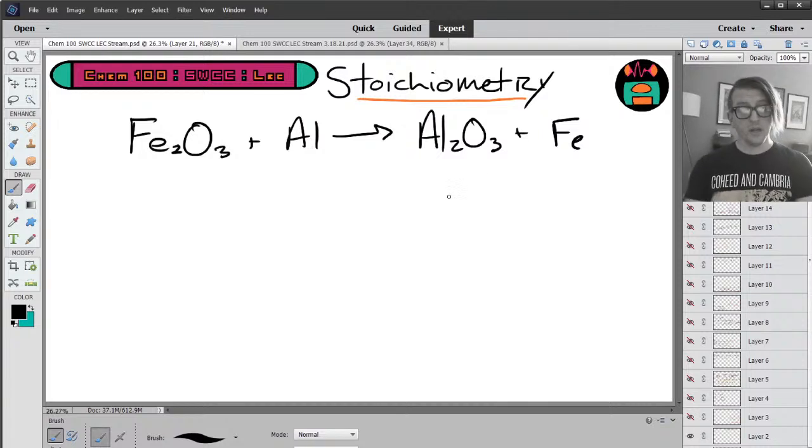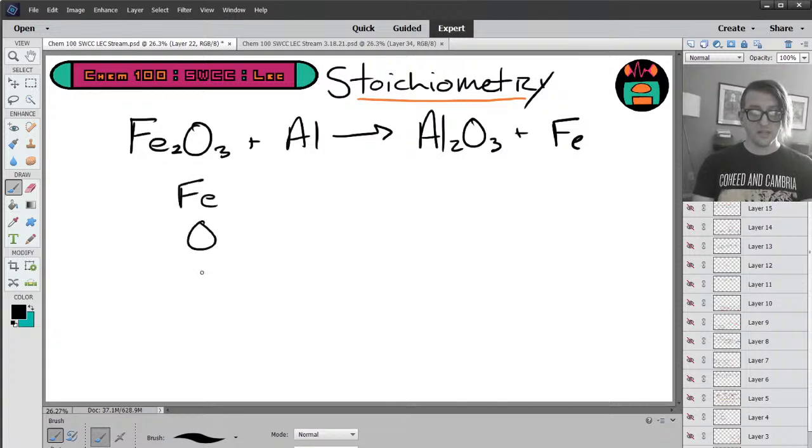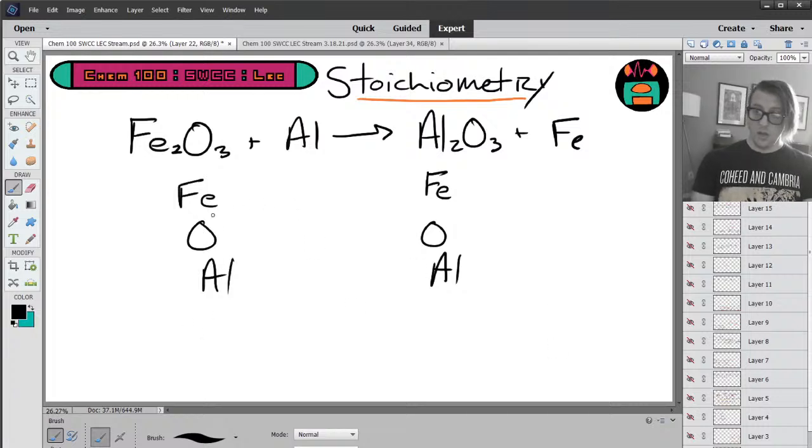Now we've got to balance this situation, so we take an inventory of all the atoms. We've got iron, oxygen, and aluminum on either side. On our reactant side, we have 2 atoms of iron, 3 atoms of oxygen, 1 atom of aluminum. On the product side, we have 1 atom of iron, 3 atoms of oxygen, 2 atoms of aluminum.